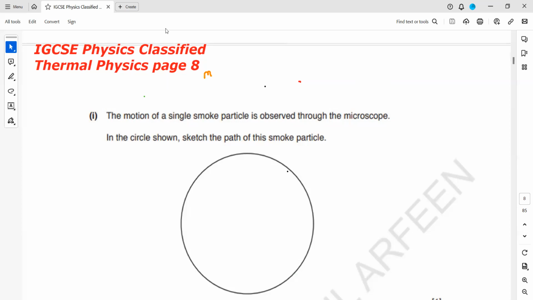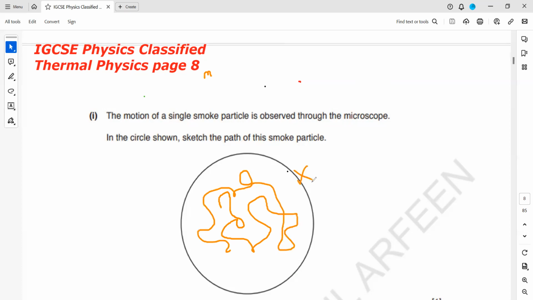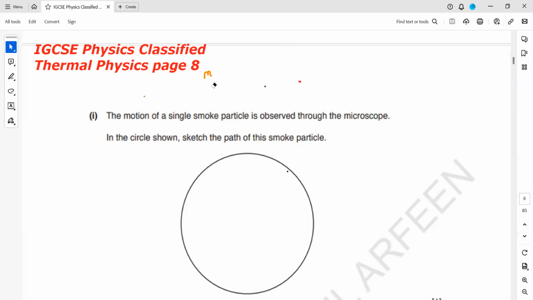Sketch the path. Look, the common mistake students make here is that they draw a random motion of the particle like this. That is wrong. Why is this wrong? Because for a short distance, it must be a straight line. There will be no specific direction, but for a short distance, I must draw a straight line.